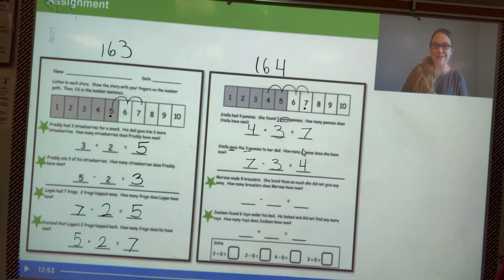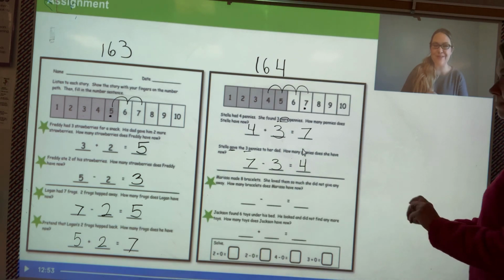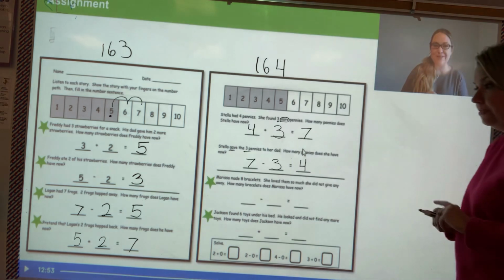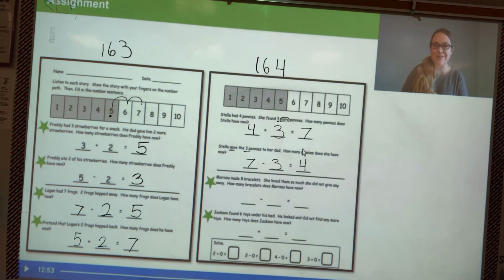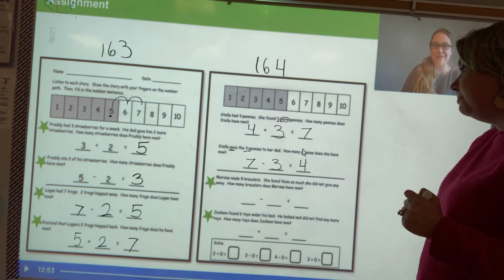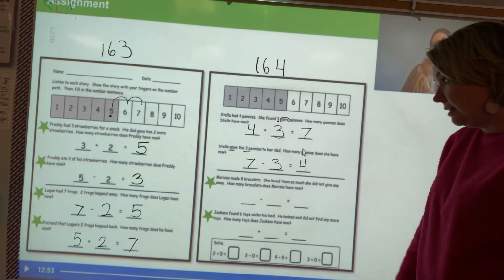Okay, these next 2, I want you to do them on your own, but I will stay on with you to help you do them. Use your number path to help you. Marissa made 8 bracelets. She loved them so much, she did not give any away.